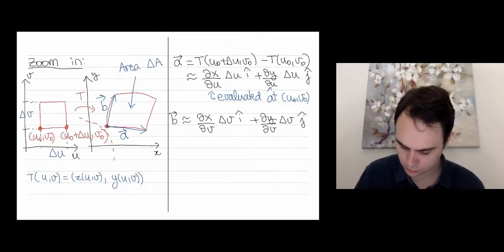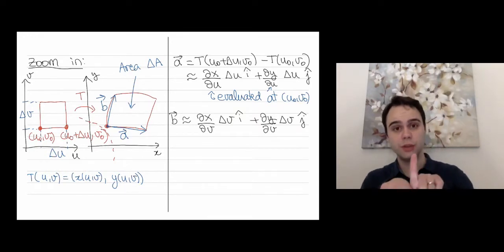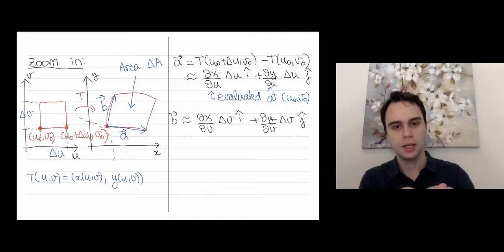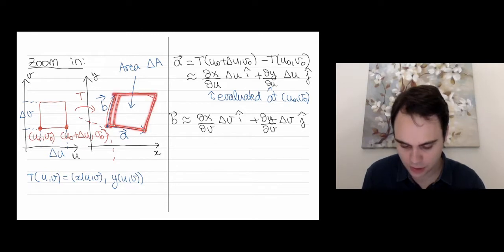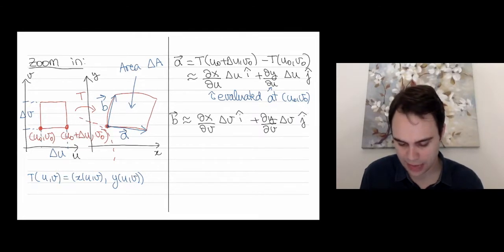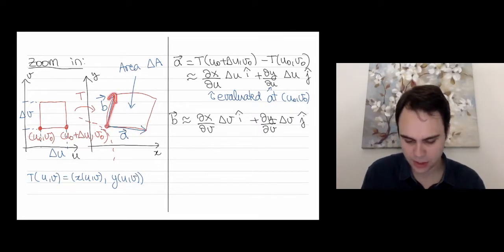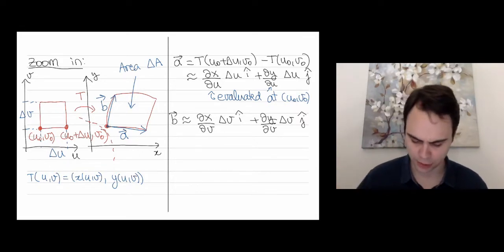Is that okay? I'm saying that in general, if you have two vectors in the xy plane and want the area of the parallelogram spanned by them, I can just make a matrix with A in the first row and B in the second row, and take the determinant, and this is plus or minus the area of the parallelogram.